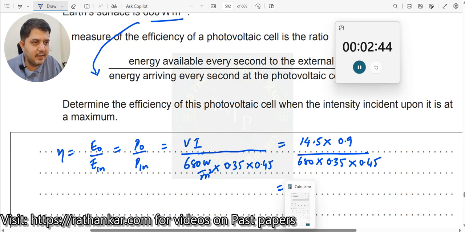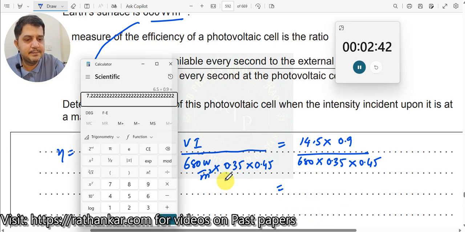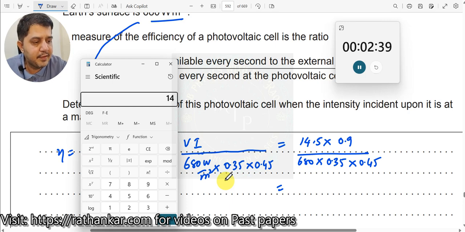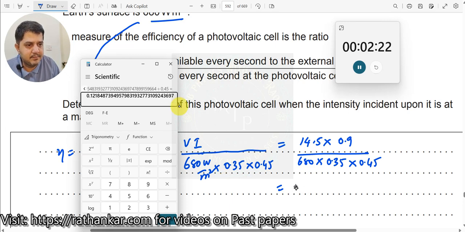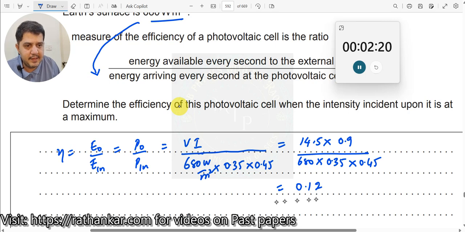Okay, take my calculator once again. 14.5 times 0.9 divided by 680, divided by 0.35, divided by 0.45, and you get 0.12, which means that the efficiency is 12%. Yes, the marking scheme also says it's 12%.